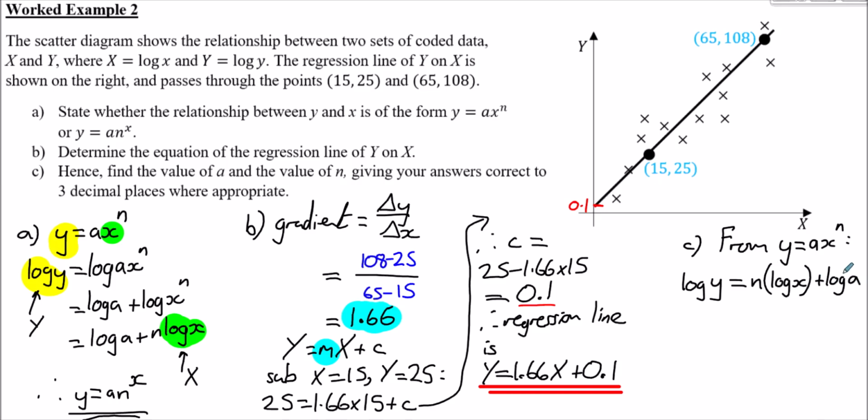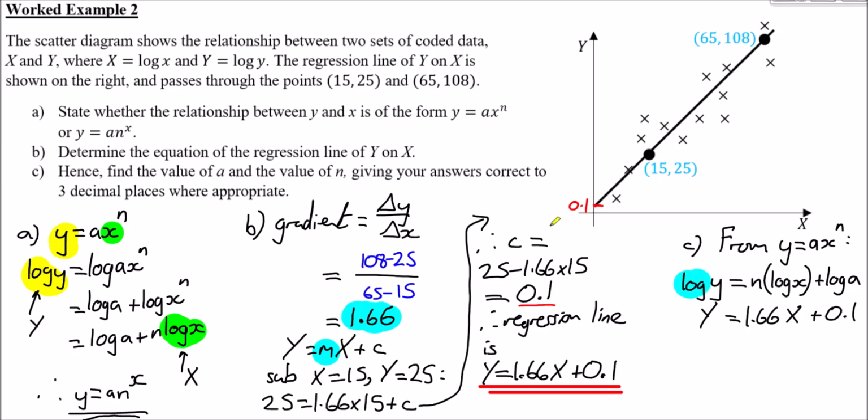We can now compare and contrast this with what we had here when it was coded. So it's y equals 1.66 big X plus 0.1. So like we said, y is coded as big Y, where big Y is log of little y.